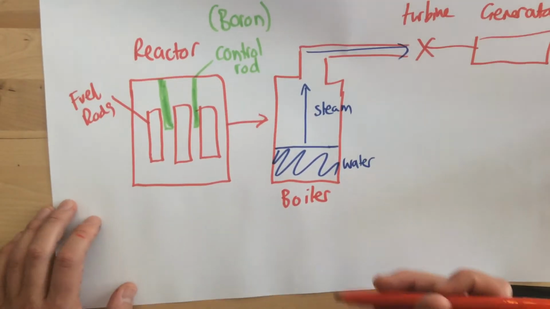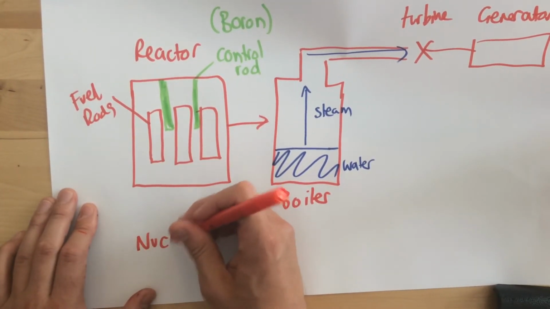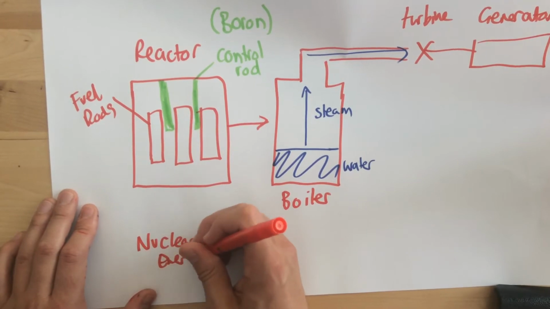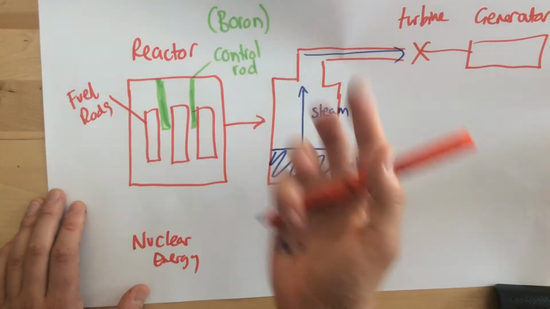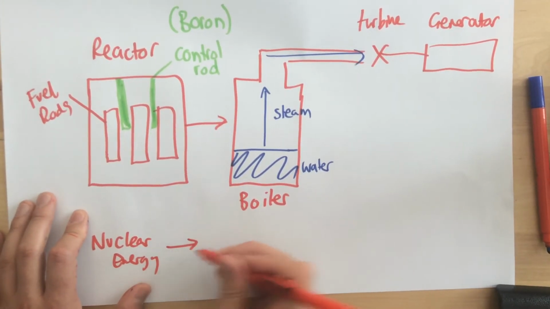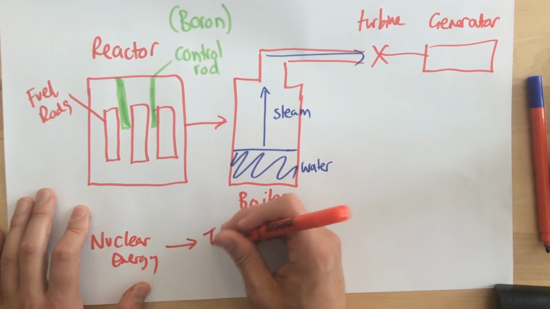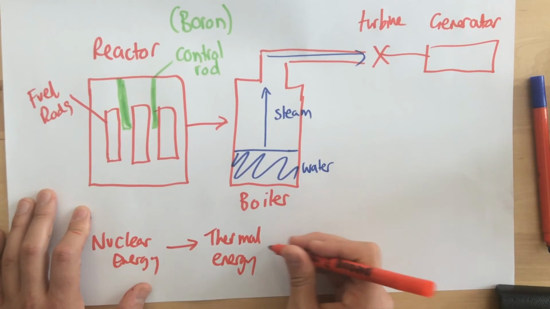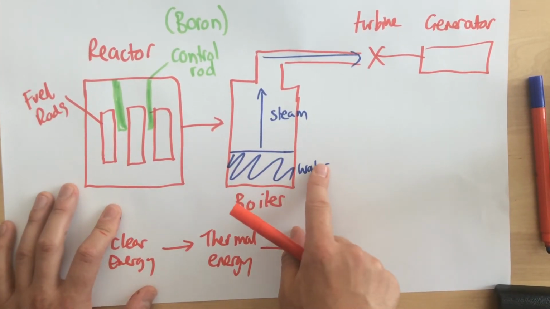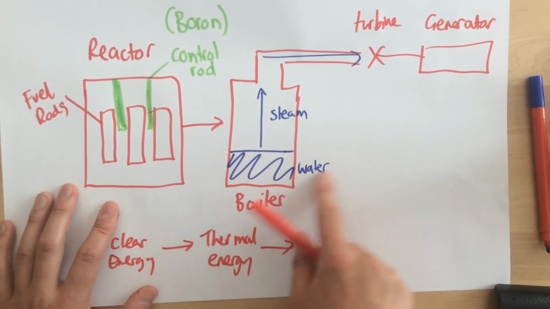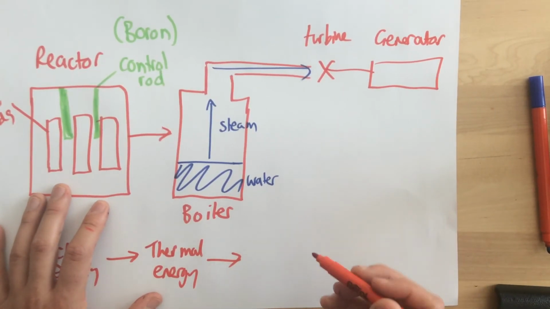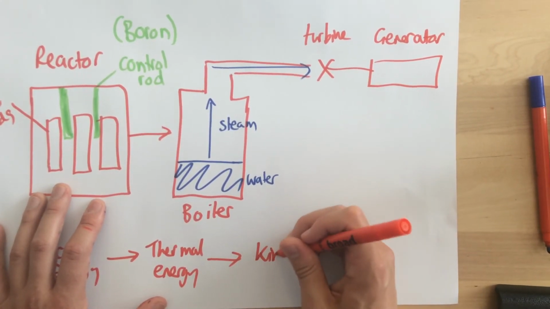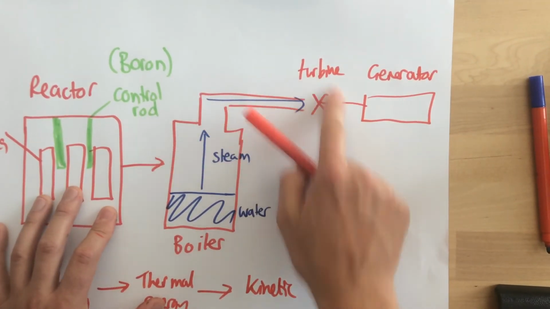So we start off, the energy changes that are happening, we start off with nuclear energy. As these fission reactions occur, we're releasing lots of thermal energy, which in turn evaporates the water into steam, which then converts it into kinetic energy in order to move the turbine.